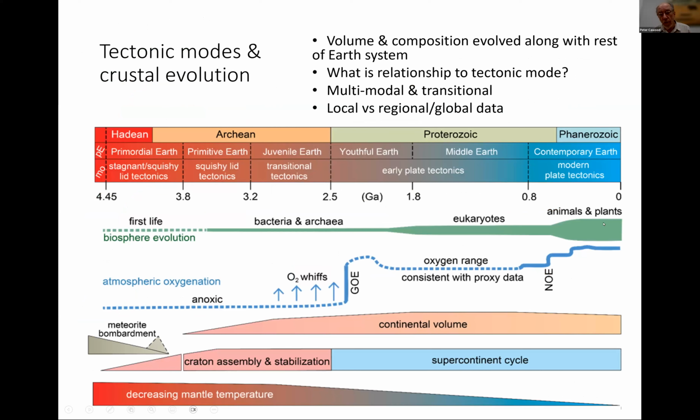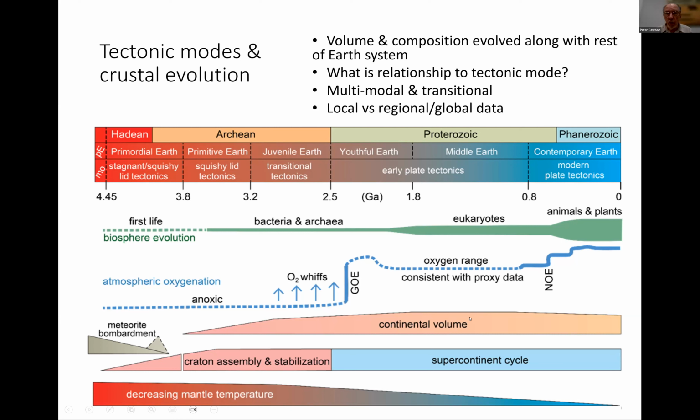Certainly in terms of the superficial Earth, the biosphere, the atmosphere, the oceans have all changed in composition or in character with time. And linked to that, or we think linked to that, there have been changes in the nature of the continental crust, the composition.